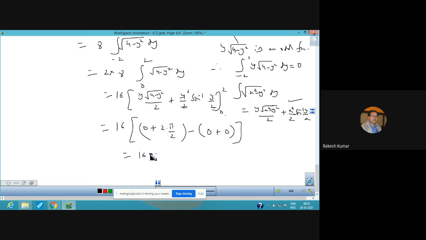So you will have 16 pi. So this is the required volume by double integration, which is cut by the plane in the cylinder. So in this way, we will be able to compute the volume by double integration. Now we also have an example.